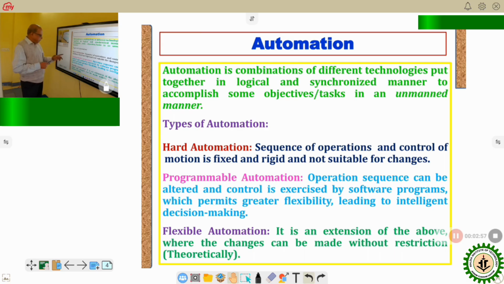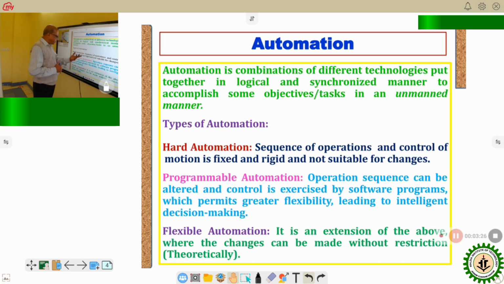Types of automation: hard automation and programmable automation predominantly. Apparently, it may seem that the term automation is intertwined with computerization, but even well before computerization there was automation. It was accomplished not by any software or computer, but by mechanical hardware components, used predominantly such as camshafts, dogs and limit switches.